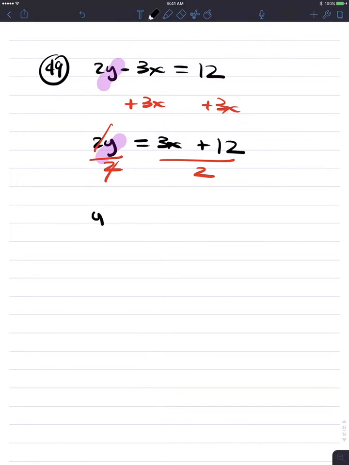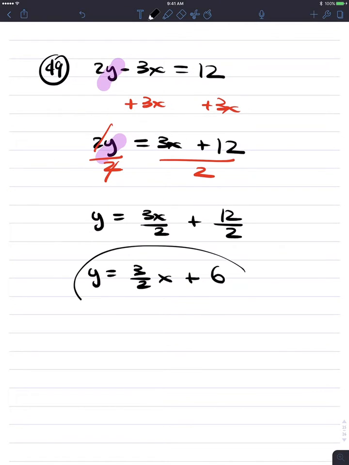What you end up with is y is 3x divided by 2 plus 12 divided by 2, or y is 3/2 x plus 6. Both terms are being divided by 2, so make sure you divide both terms by 2. The fraction 3/2 doesn't simplify, but 12 divided by 2 is actually 6. That's 49.